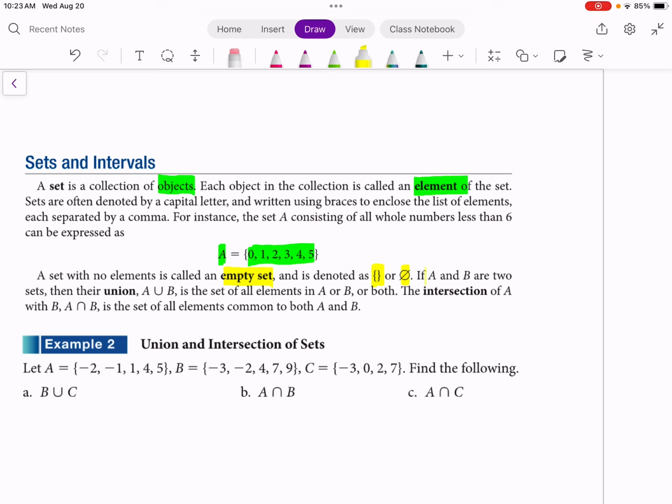So let's say we have a set A and a set B. A union B, this is the union, is a set of elements in A or B or both.